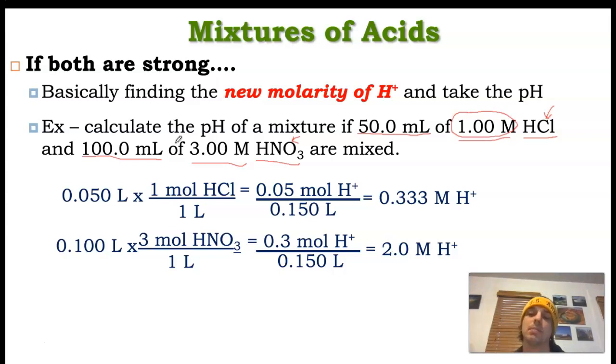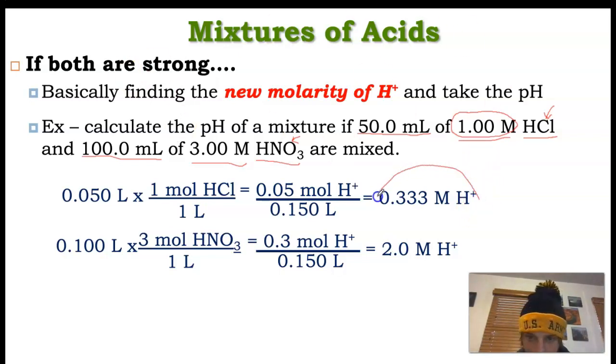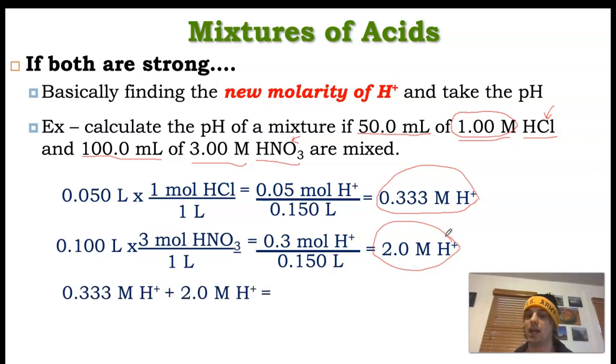Now how do I determine the pH? Well, remember the pH is the negative log of the hydrogen ion concentration. And what I have here is hydrogen from HCl. What I have here is hydrogen from HNO3. Well, how do I get the total hydrogen? Hopefully, you're ahead of me and just say add them together. If I add them together, there is my concentration of hydrogen from each.